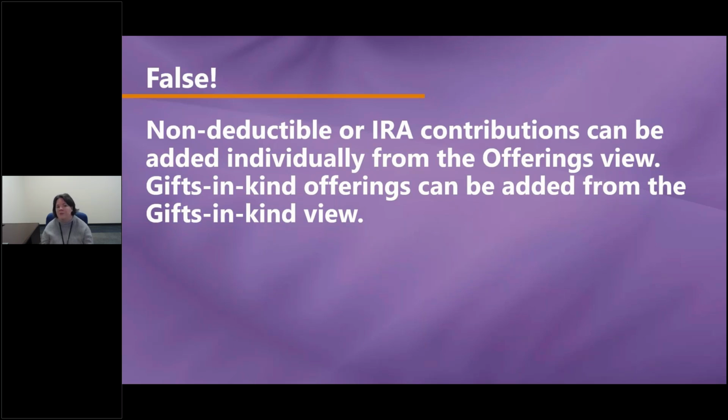Again, we got feedback of people who wanted to input non-deductible offerings and IRA contributions. So even if you put it into an offering batch, you can post it and then always edit it to be non-deductible after the fact, or you can go into offerings and add it in individually. And then we also have the gifts in kind for any sort of non-deductible, non-monetary sort of offering as well in the gifts in kind view.